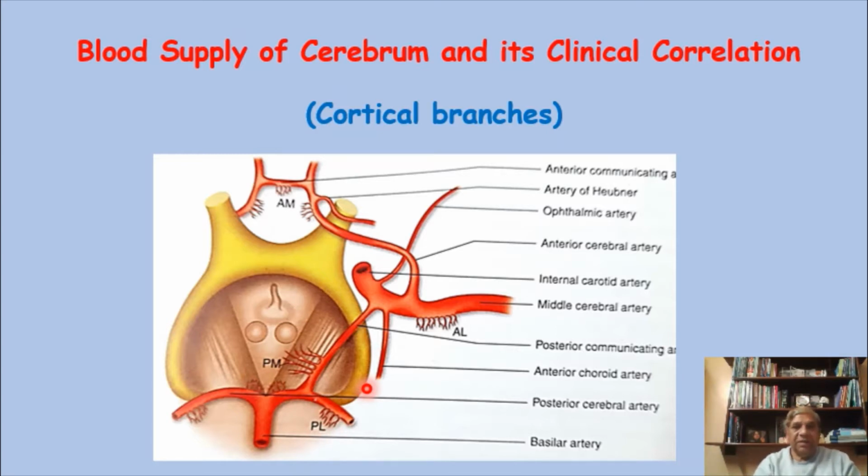Now in this video we will learn what areas of the cerebral hemisphere are supplied by the anterior cerebral artery, what areas of the cerebral cortex are supplied by this large branch, the middle cerebral artery, and the area supplied by the posterior cerebral artery. So these are the cortical branches which take origin from the circle of Willis.